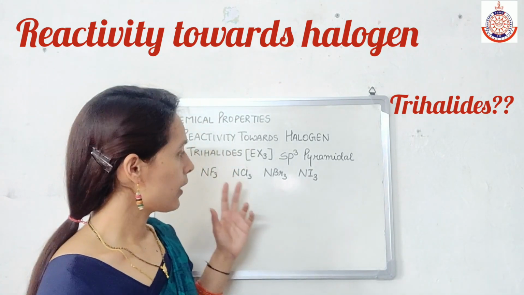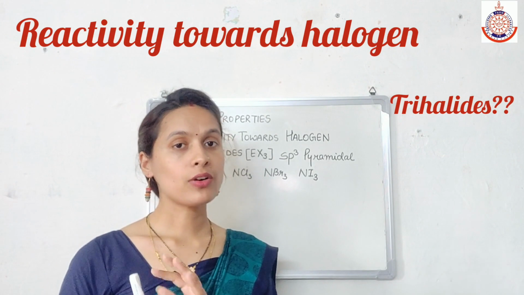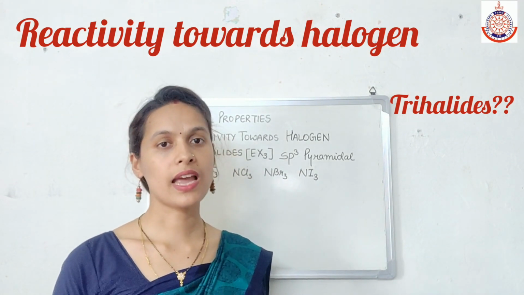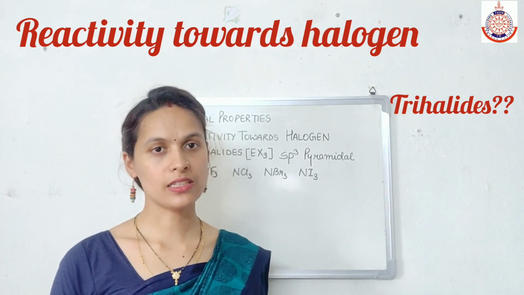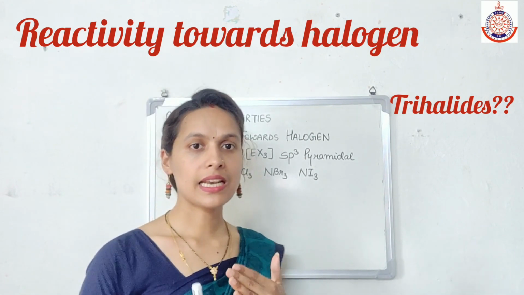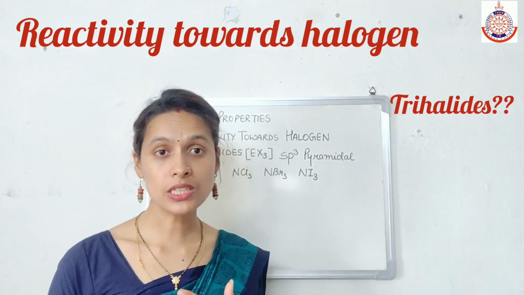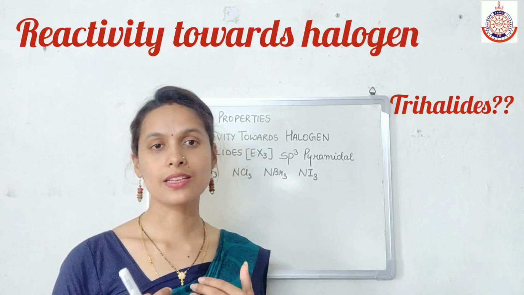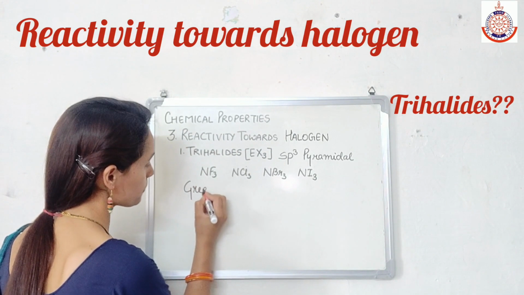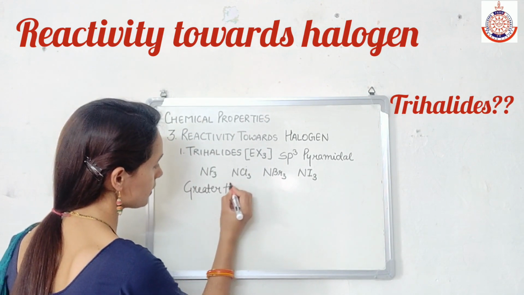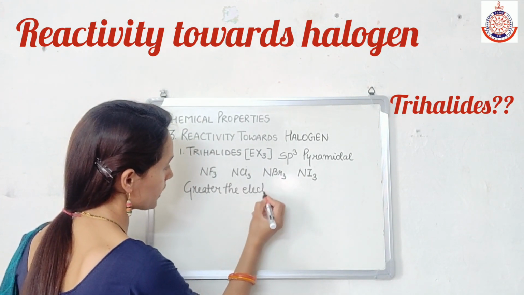Halogens have the tendency to take electron, which means halogens are electronegative elements. Greater the electronegativity of the halogen atom, smaller is the bond angle.